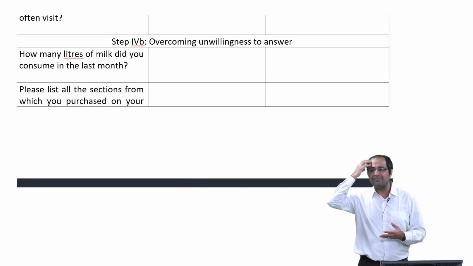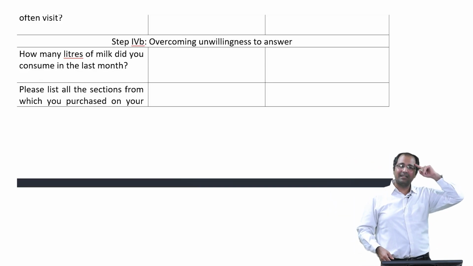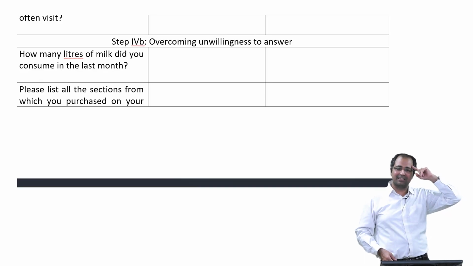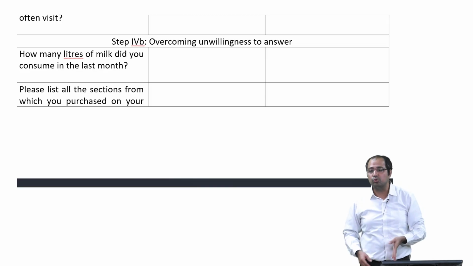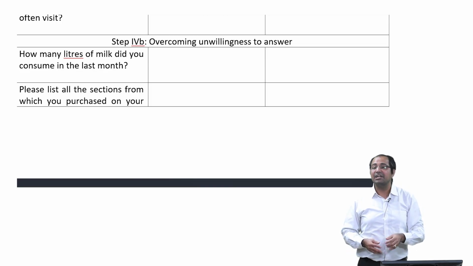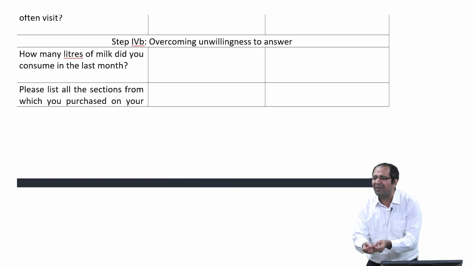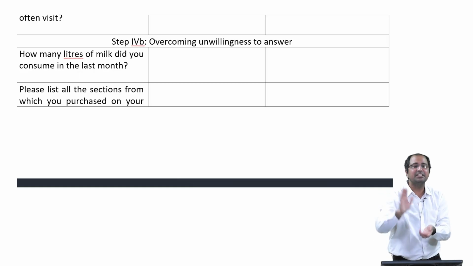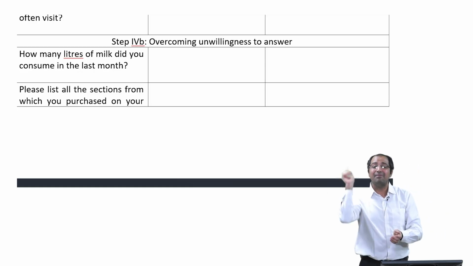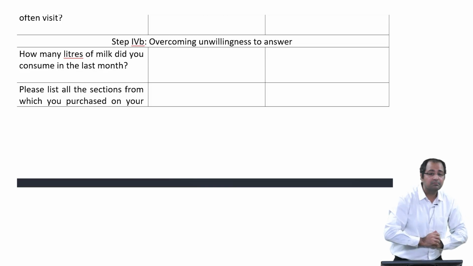People would not be willing to put in the effort. Why should I calculate one day, how many packets, half liter, 3 into 30? Why should you want the respondent to do that? Why can't you ask, how many liters of milk do you consume on a typical day, and multiply by 30 on your own? You have to minimize the effort that is required of the respondent to answer your question.